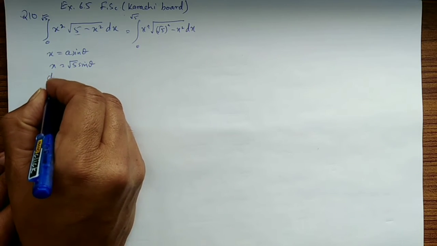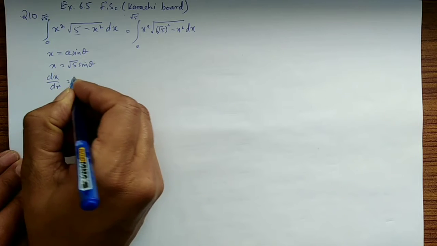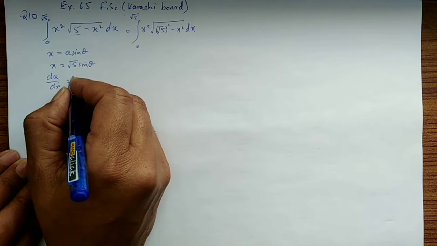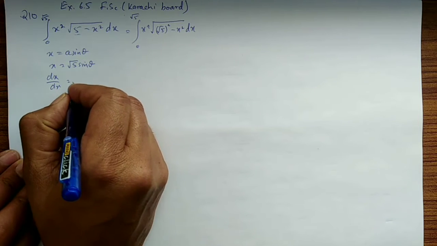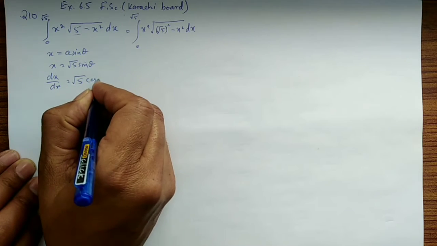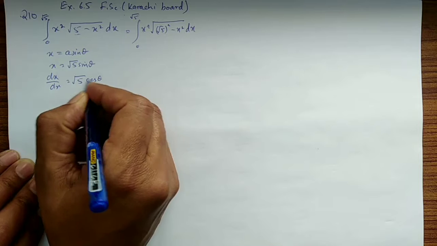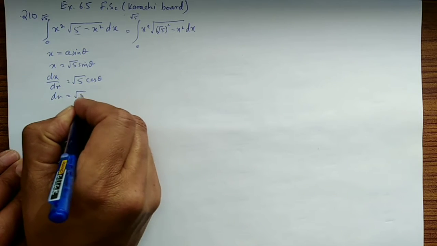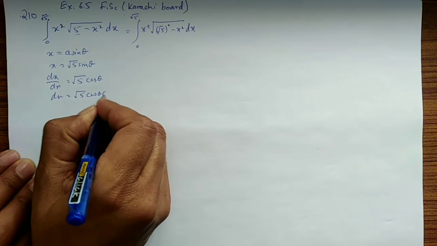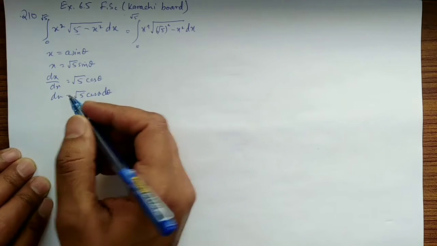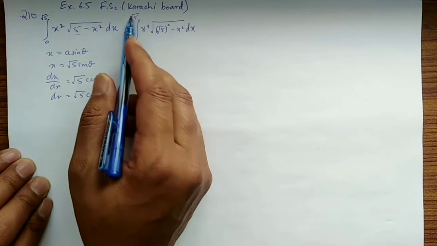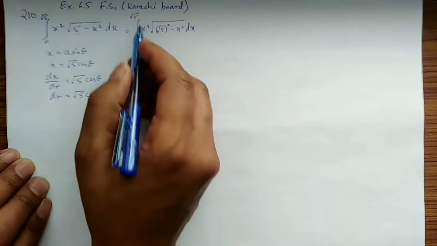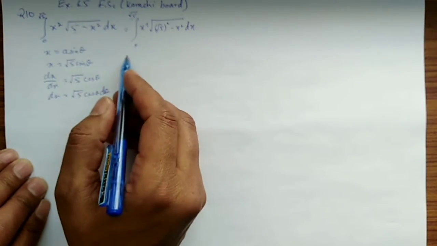So finding the derivative, this will give us root of 5 cos theta, and dx will be root of 5 cos theta d theta, right? So now changing the limits, which are root of 5 and 0.